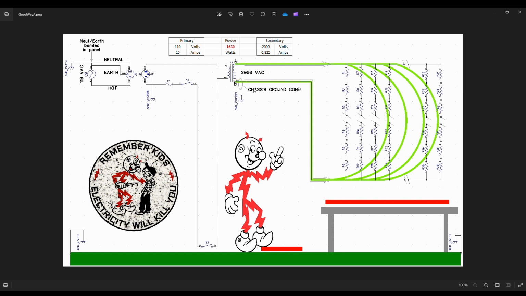So what happens when this connection is gone? It means no longer can terminal B try to pull up electrons from the chassis. It means that as A tries to push out electrons, and of course they're going back and forth, it's AC, but let's talk about it as if A was pushing your arc this way, terminal B was trying to pull your arc this way.